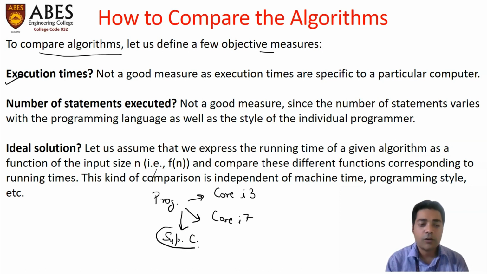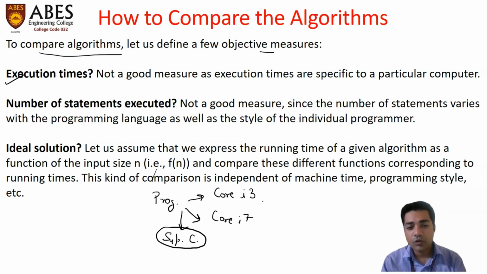Definitely a supercomputer is going to give me fast execution time. So can I compare using the execution time? I cannot, because it is not giving me a definite perspective of how it will behave on different machines. So execution time cannot be an ideal measure.